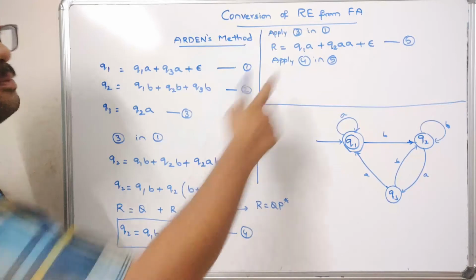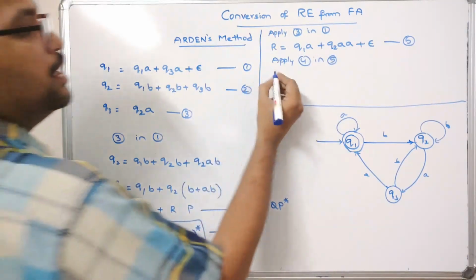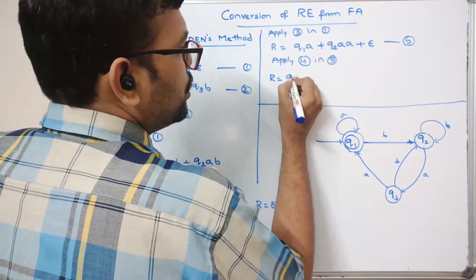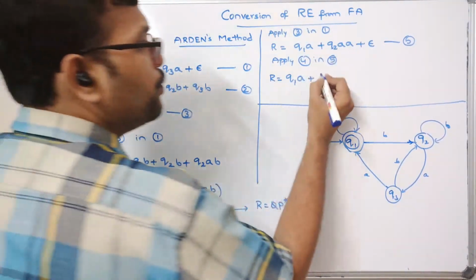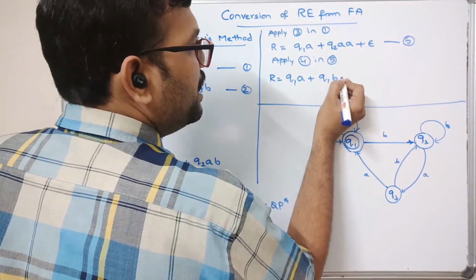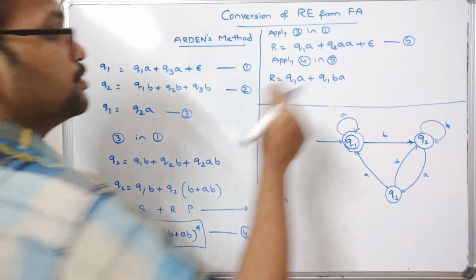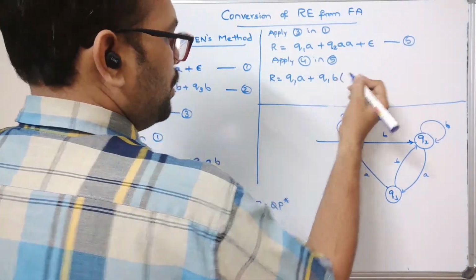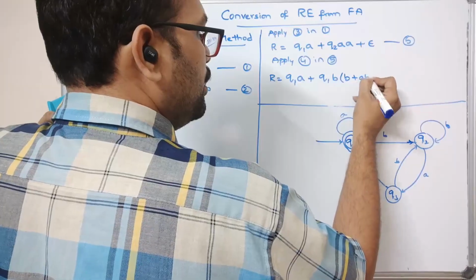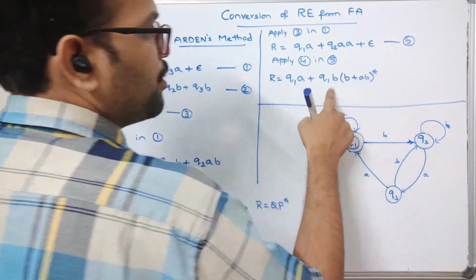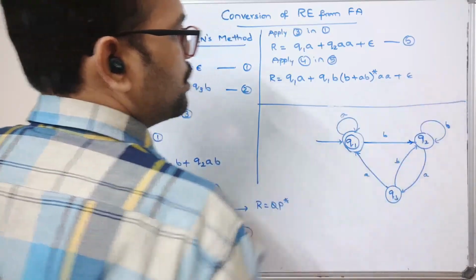Now apply 4 in 5. That means we are applying the Q2 value here. So R is equal to Q1A plus the Q2 value. What is the Q2 value? Q1B, B plus AB star, then AA plus epsilon.